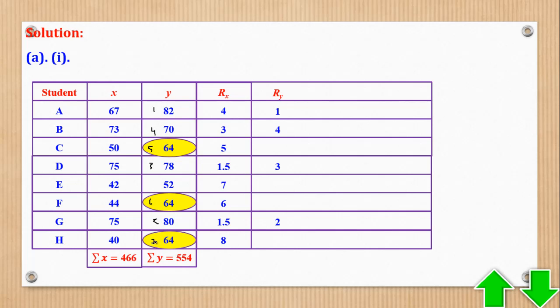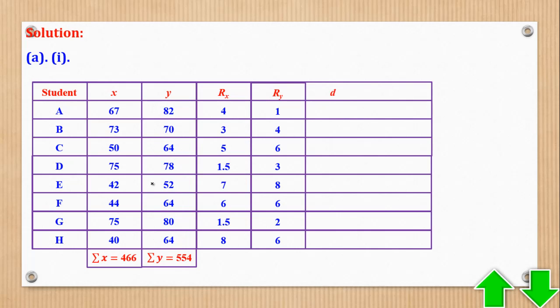But because they are identical, we get the would-be average. So the average is 5 plus 6 plus 7 divided by 3, which gives you 6. So each will take 6. So this will have 6, 6, and 6. The next is 52, but because the previous took positions 5 to 7, this will now be 8. So there we have ranked.